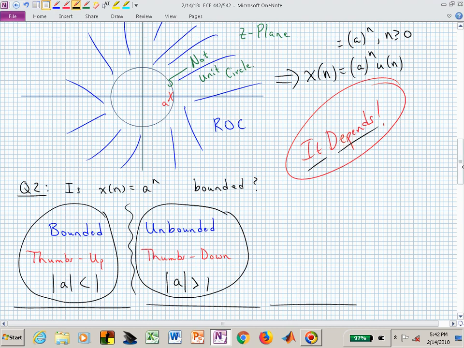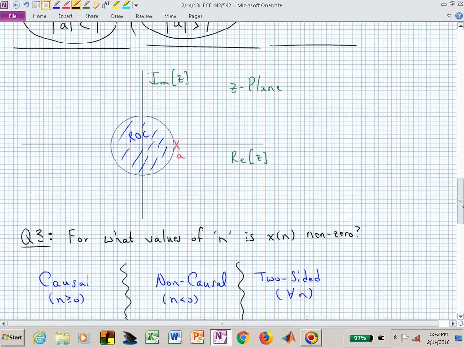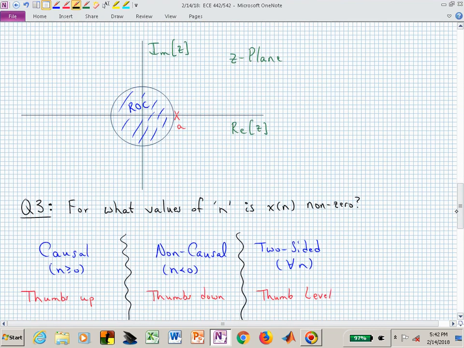So, question number 3. Hopefully there's some learning going on here after quiz 1's question and quiz 2's question. Quiz 3's question is, for what values of n is x of n non-zero?